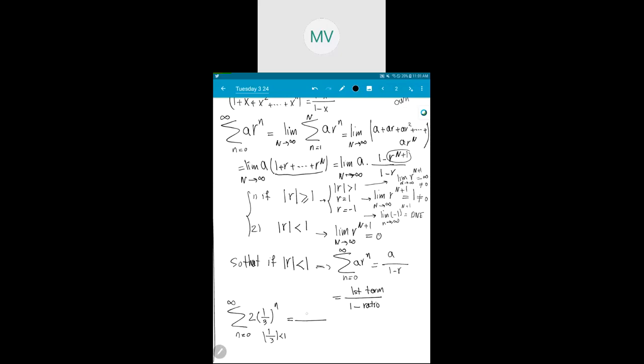When you plug in 0, it's 2. So the sum is 2 over 1 minus 1/3, which simplifies to 2 over 2/3, which is 3. And you can do the same thing with the other one.